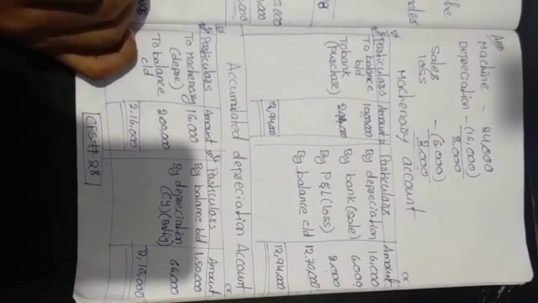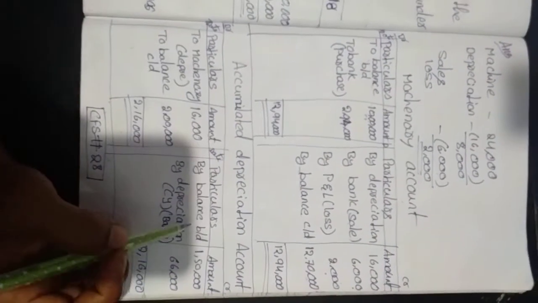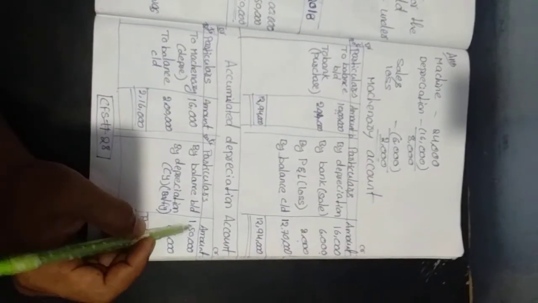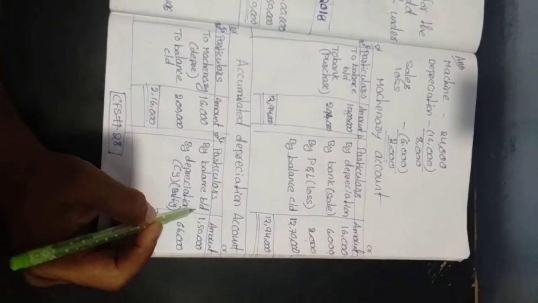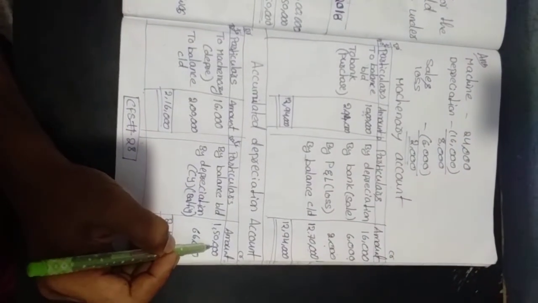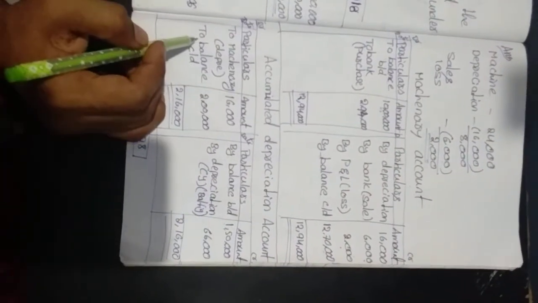We know that accumulated depreciation is a liability, so its balance is a credit balance. We mention by balance brought down 1,50,000 as the opening balance, and the closing balance is there. In the question 2 lakh is given, so 2 lakh is the closing balance. To balance carried down, 2 lakh we mention here.